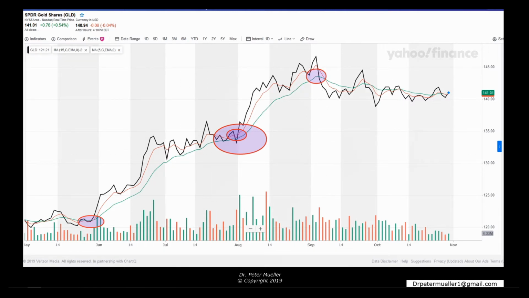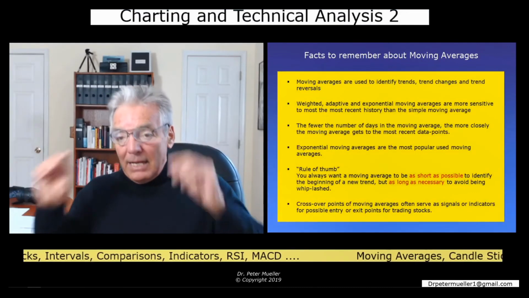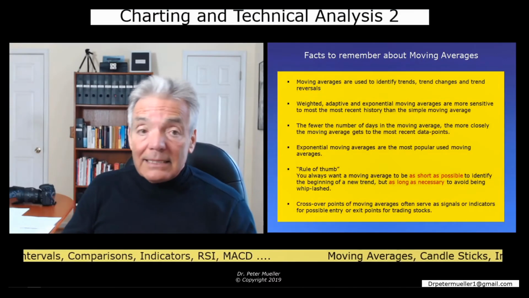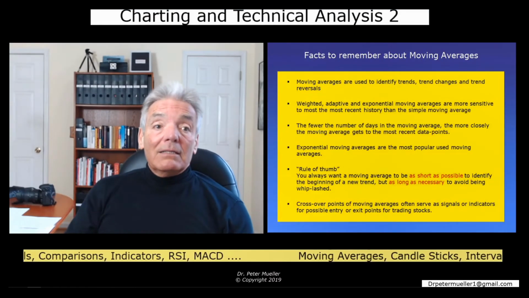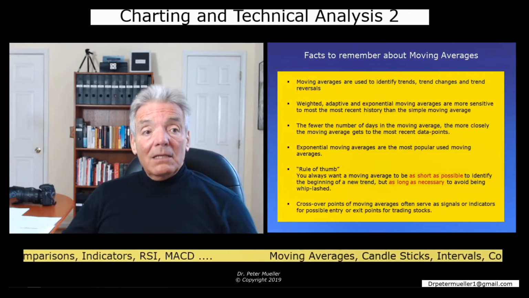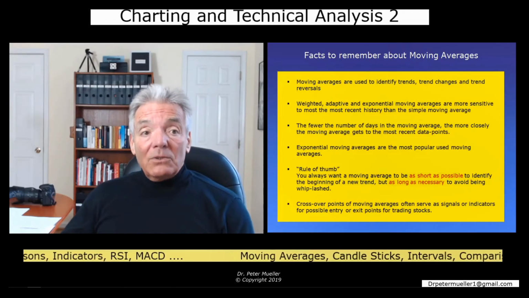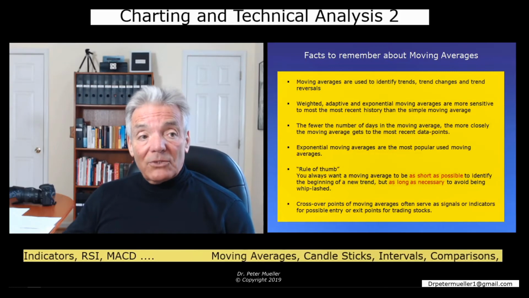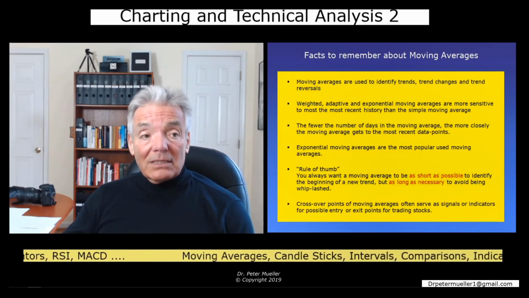Okay, I hope this gave you a first idea how crossover actually works. And for crossover analysis, we have to remember the following important points. Moving averages are used to identify trends, trend changes, and trend reversals.